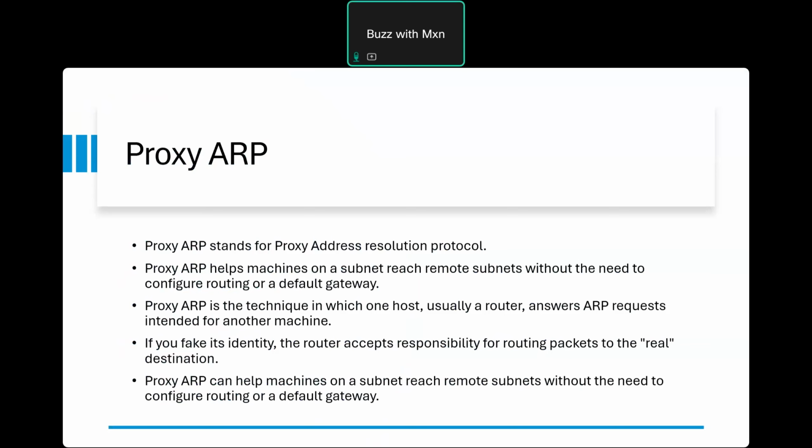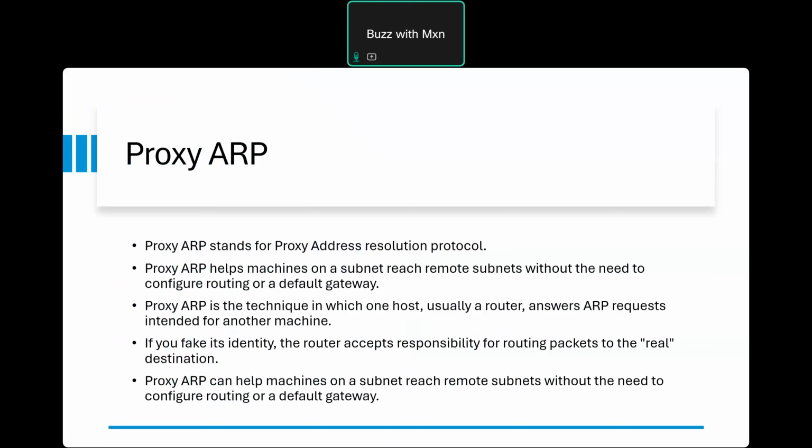Talking about proxy ARP, it stands for Proxy Address Resolution Protocol. Proxy ARP helps machines on a subnet to reach remote subnets without the need to configure routing on a default gateway. For example, you want to reach a particular host which is outside the subnet, on a different network altogether.